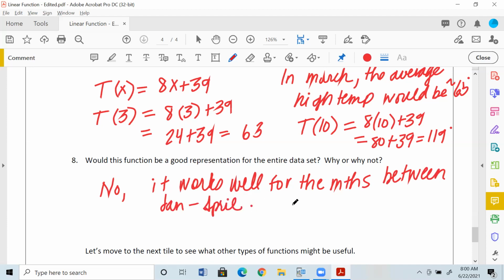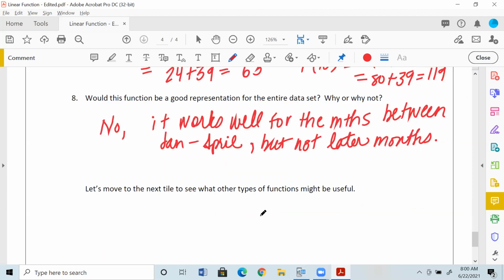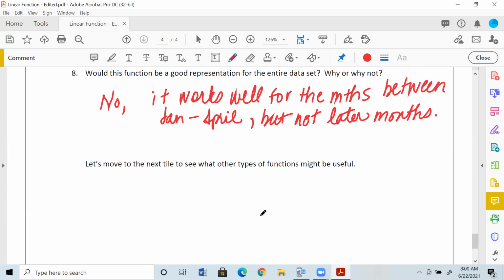But it doesn't work so well after that time. We'll move on to our next tile and see what other types of functions might be useful.